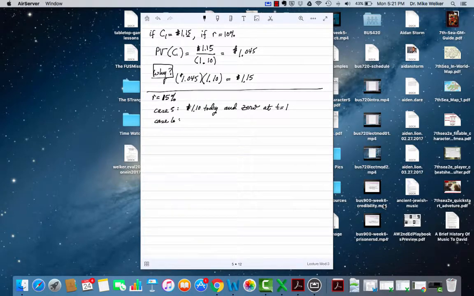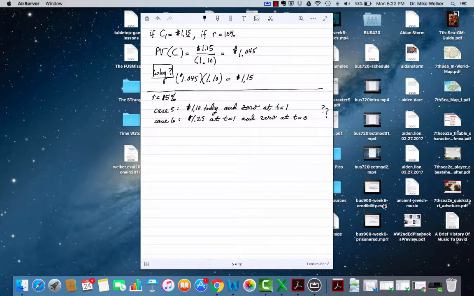Case 6 would be $1.25 at time period 1 and 0, no money at time period 0. Which of these do I want?